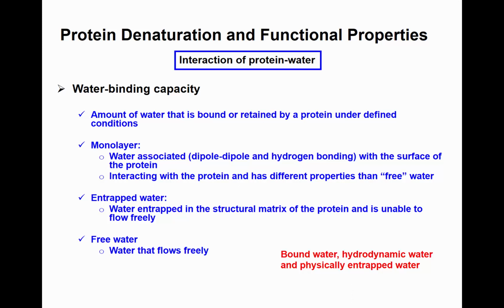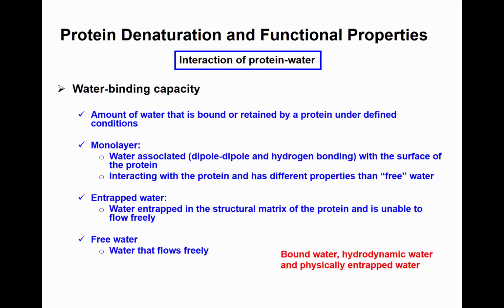With regard to proteins, the monolayer is basically the water that is associated intensely with the protein. It's bonded mostly via van der Waals and hydrogen bonding, so dipole-dipole, with the surface of the protein. So it is bound, not free anymore.